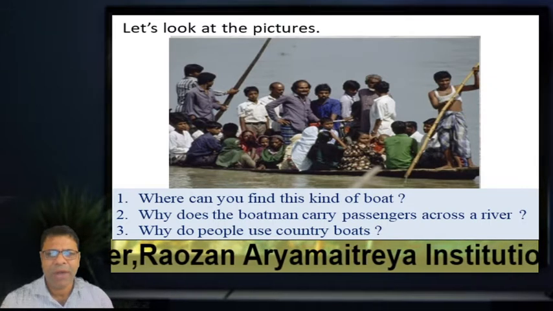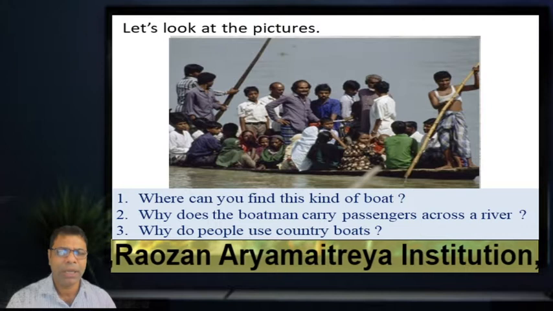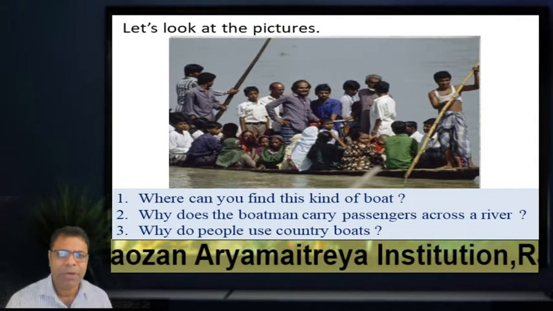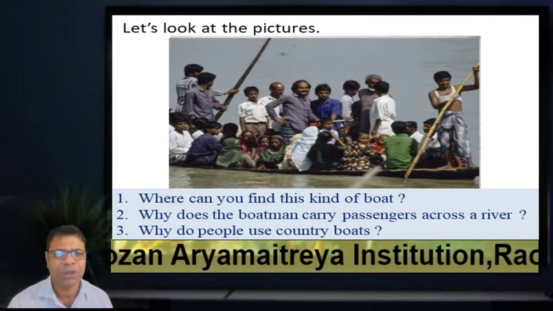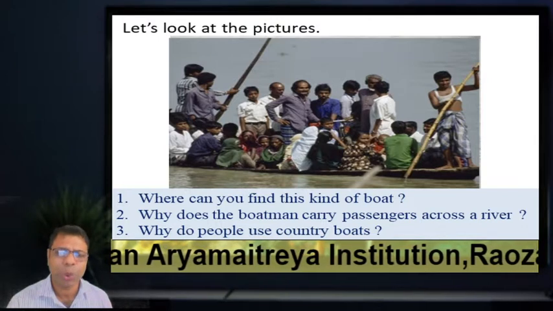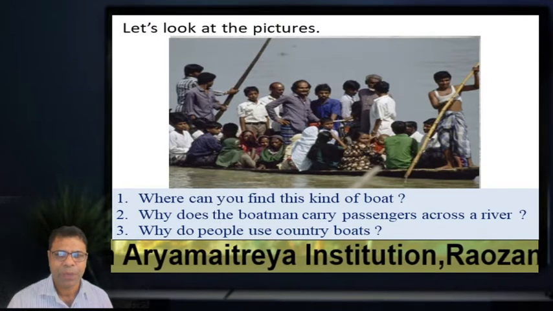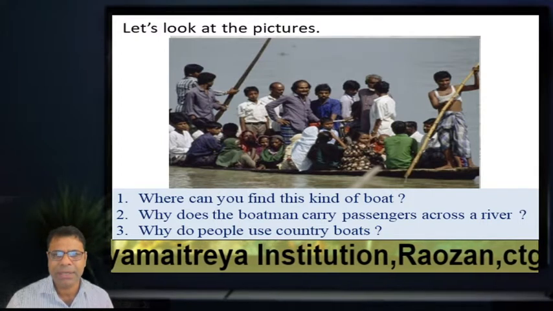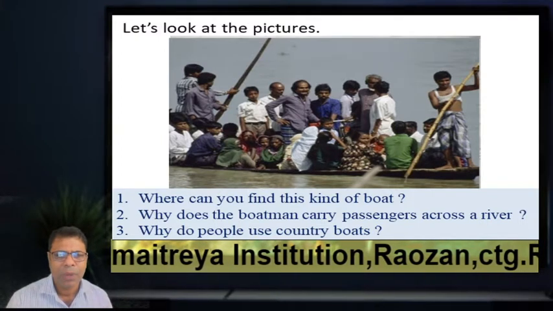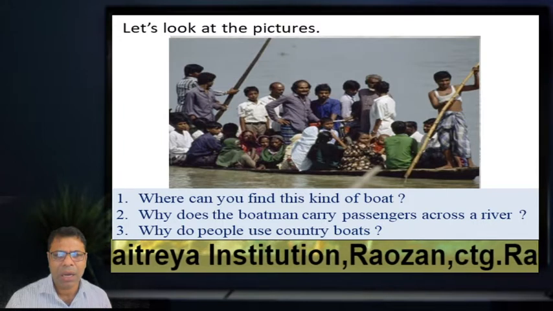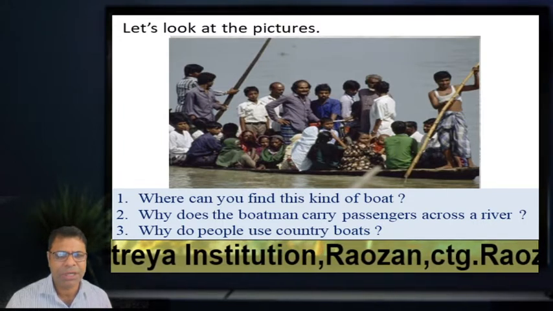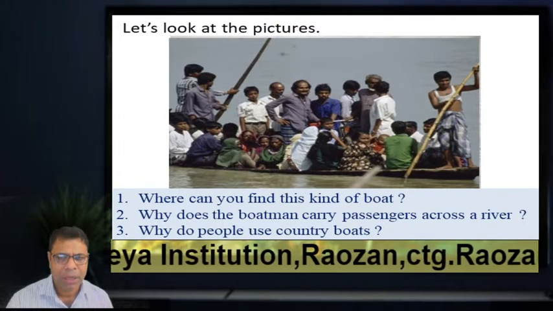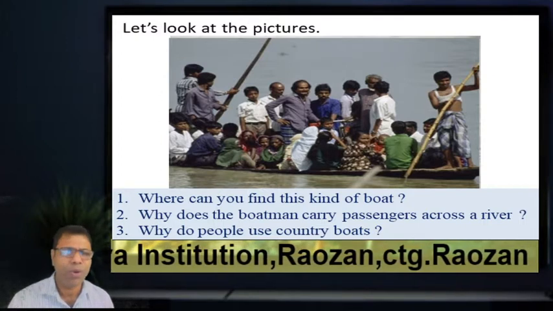First one is, where can you find this kind of boat? I think this kind of boat can be found in riverine rural areas, isn't it? And why does the boatman carry passengers across the river? I think the boatman carries passengers for money, as there is no bridge.